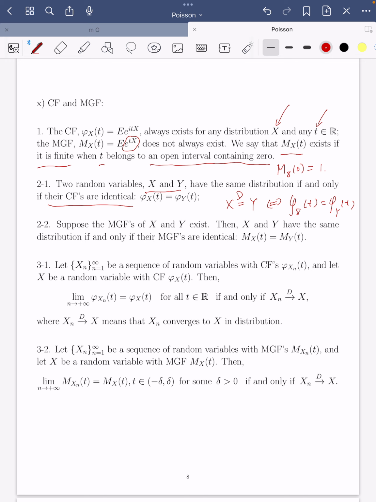A similar property holds for the moment generating function as well. Suppose that the moment generating functions for x and y exist. Okay, so this is the condition. Then x equals y in distribution if and only if their moment generating functions are identical, like this.